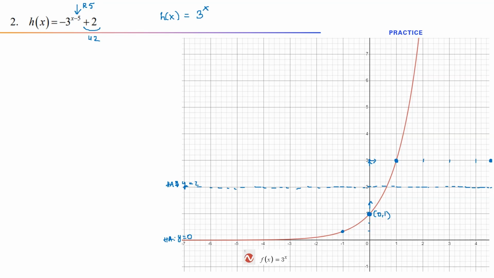For this point, we go up 2 units, then go to the right 5 units, so it's far to the right. And for this one, this will be from 4, 1/3, and 2, so 2 and 1/3.